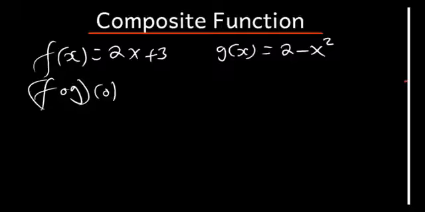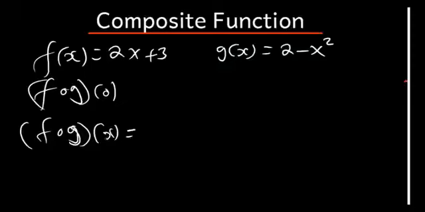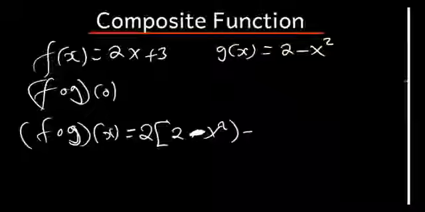So what we're going to do here is first find f of g. If I'm to find f of g, what will be my f of g of x before I plug in 0? In the function of f, where there is x, I need to put g. So it's going to be 2, where there is x, I'm going to put 2 minus x squared, plus 3.